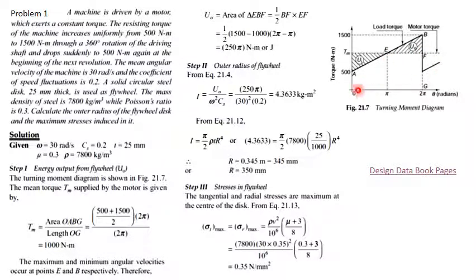During one cycle, the work done can be computed as the area under AB in the T-theta diagram. So it is nothing but area OABG upon the length OG, and area OABG can be computed as (500 plus 1500) by 2 into 2 pi. So area can be determined by this formula.